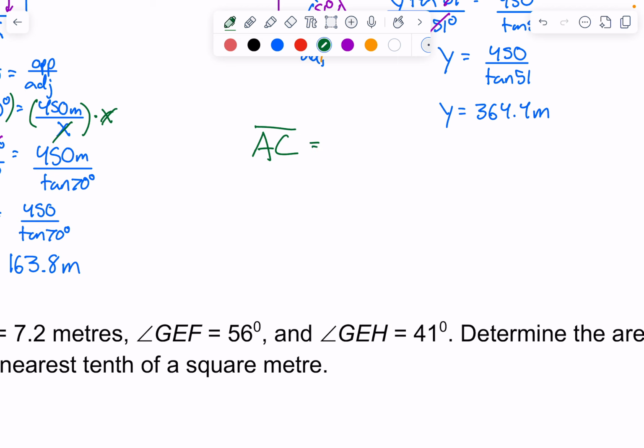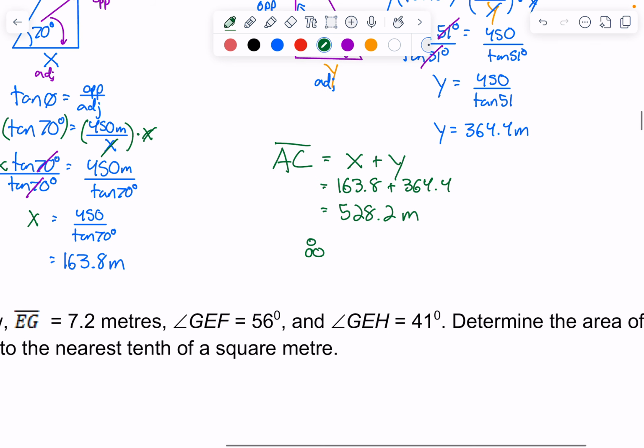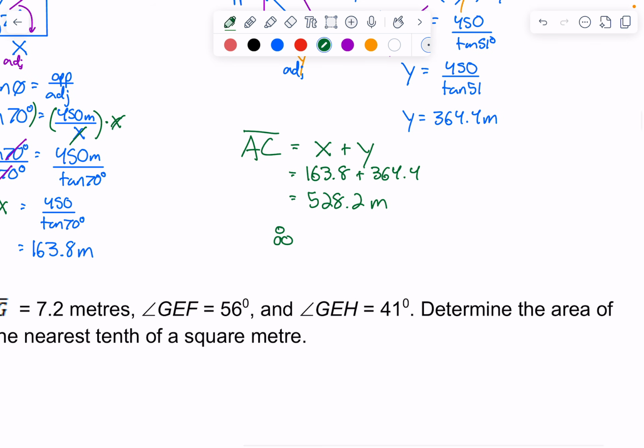And that is equal to the value x that we found plus the value y we found, which was 163.8 plus 364.4. Add those two together, and you get 528.2 meters.